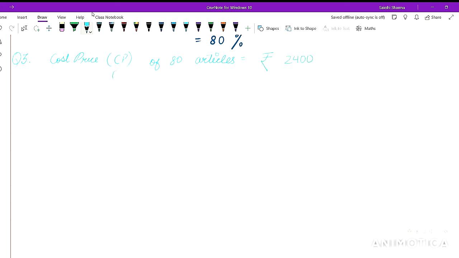From here I'm going to find out CP of one article. This comes out to be 30 rupees. I am being given that the profit made is 16%.